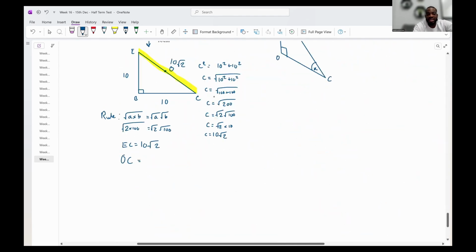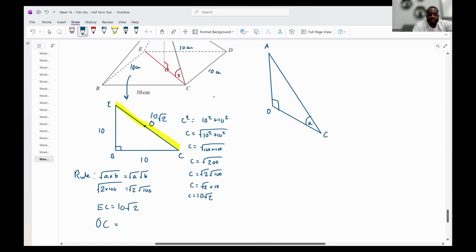So therefore, what's O to C, guys? What's half of 10 root 2? Divide by 2. Think of the root 2 as an x. Just half it. 10x half this is 5x, which is 5 root 2. Does that make sense, guys? So I can put a 5 root 2 over there.